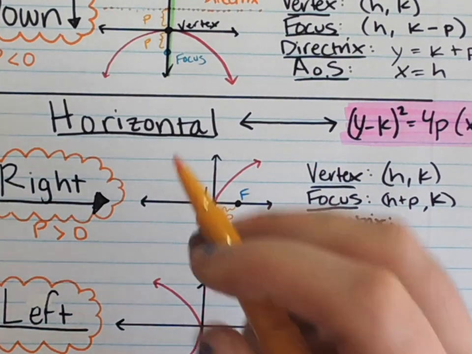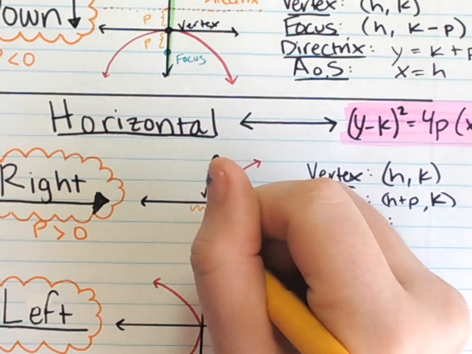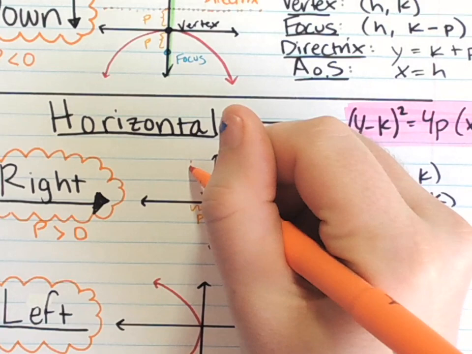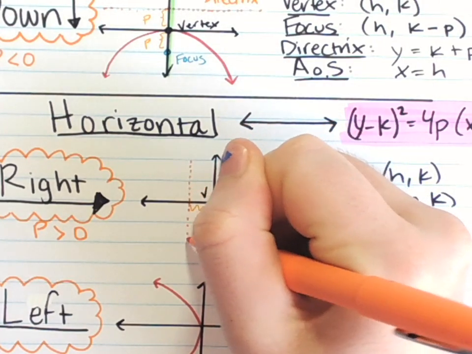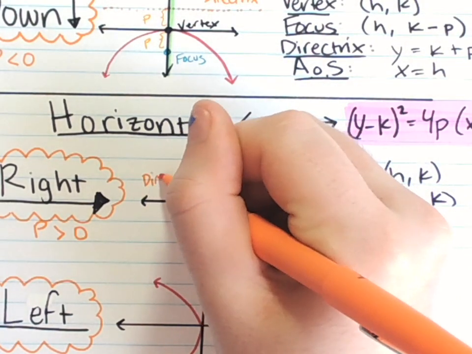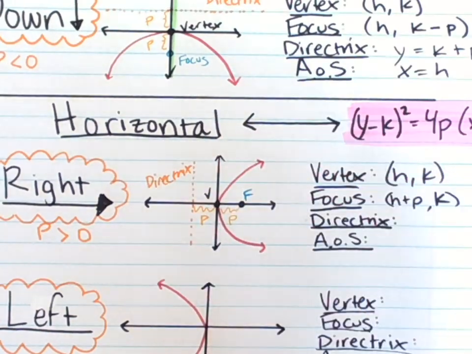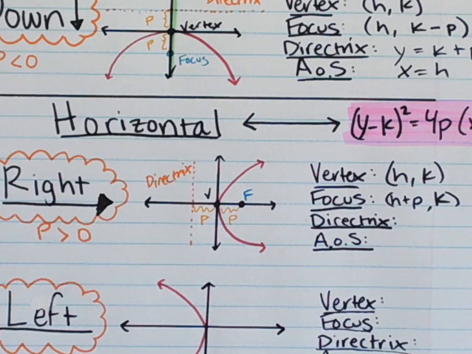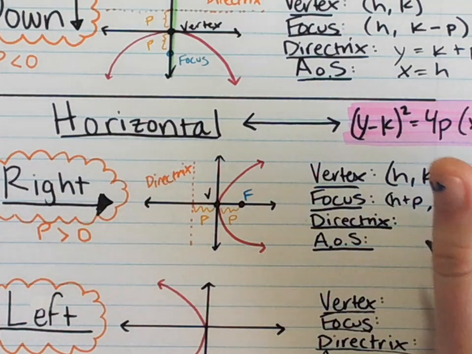Then we have to do the same distance of p the other direction for our directrix. Which now is passing through the x-axis, so it's going to be x equals this time.